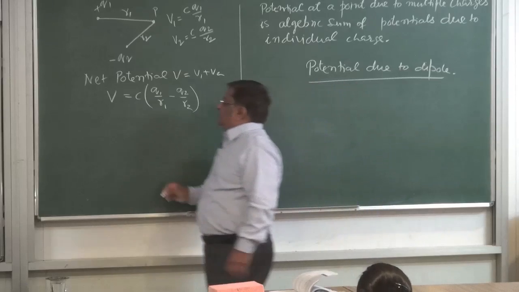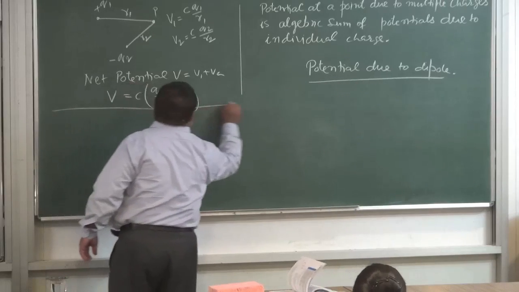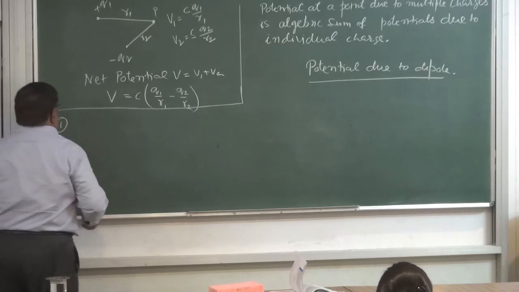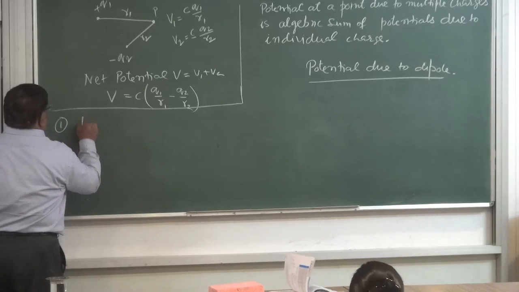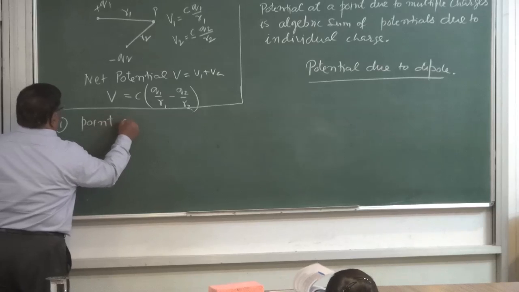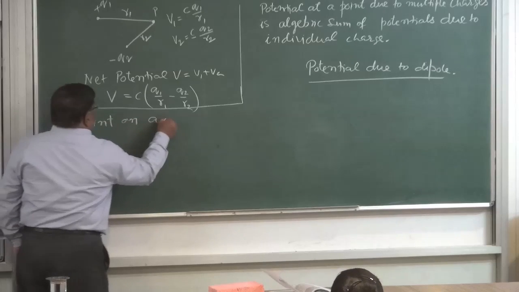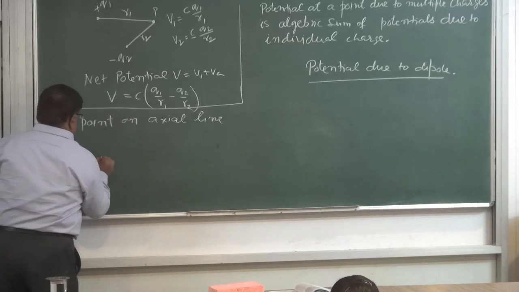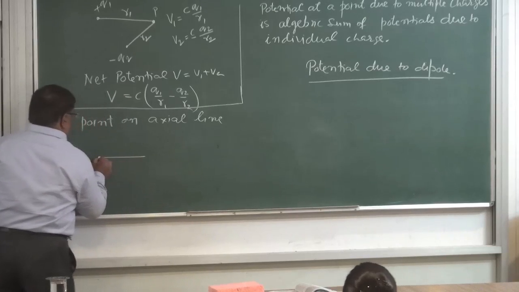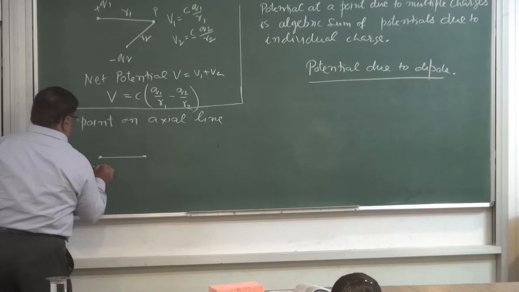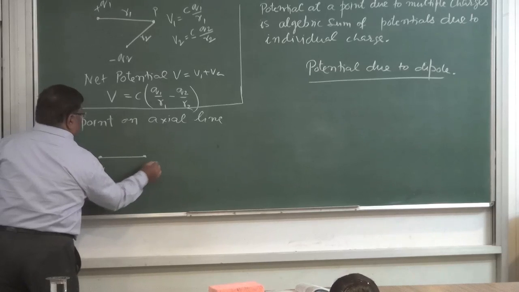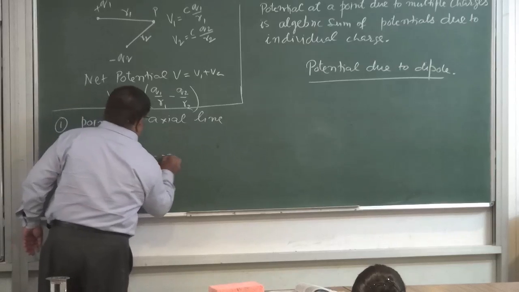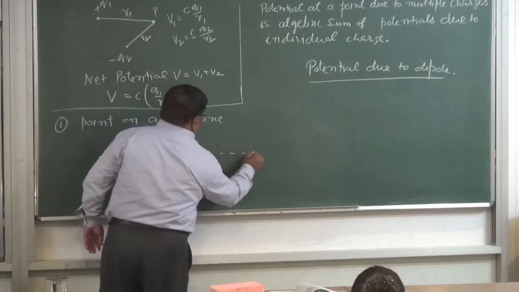We take the first position: point on XL line. Okay, it's a dipole, minus Q, plus Q. This is L, and this line is known as XL line.